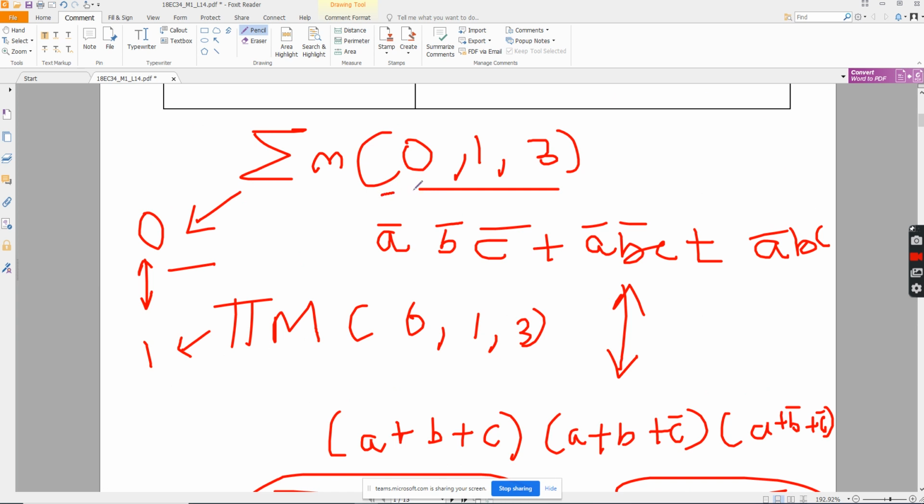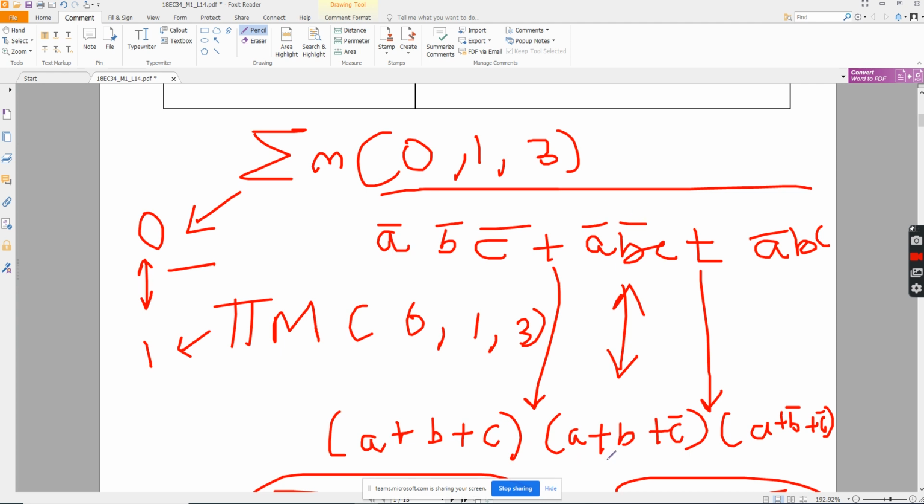And here also, I can try proving this equation: a bar b bar c bar plus a bar b bar c plus a bar b c, whole bar. How will it result? Plus will be replaced by dot, and every term will get a bar. What is a bar b bar c bar, whole bar? It will be a plus b plus c.